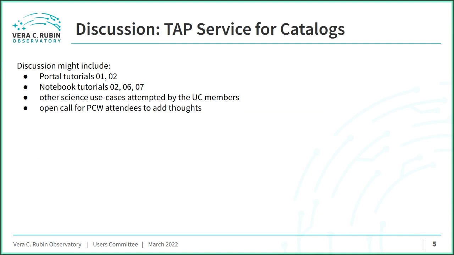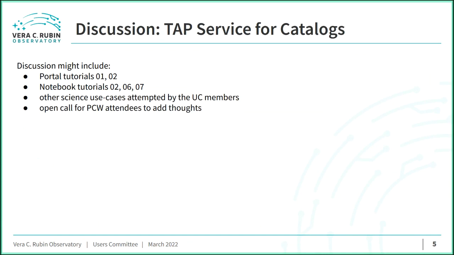It was a question about the connection between the community engagement team and the users committee. The community engagement team is the Rubin side that facilitates all of the users committee's activities. So we organize the meetings, make sure you have a place to put your minutes, and make the agendas for you.